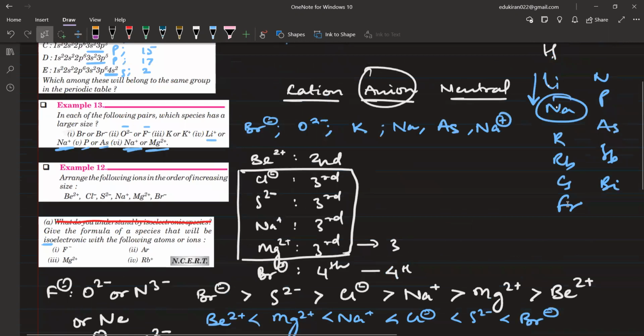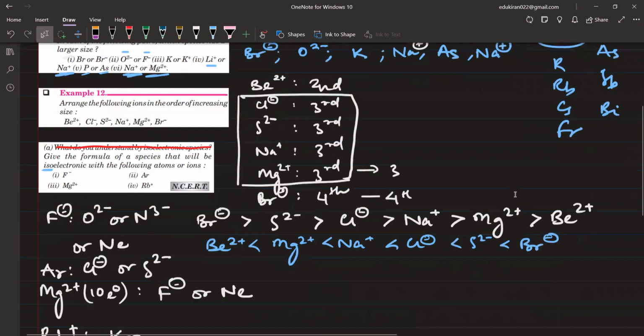K, and then you have sodium. K के बाद sodium positive होगा, हमने यहाँ पे गलत लिखा है. And then you have arsenic and sodium positive, ठीक.